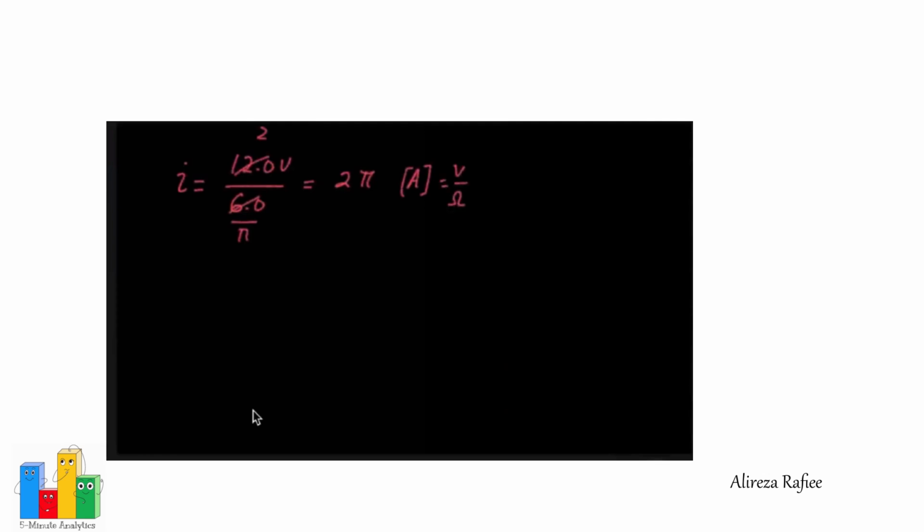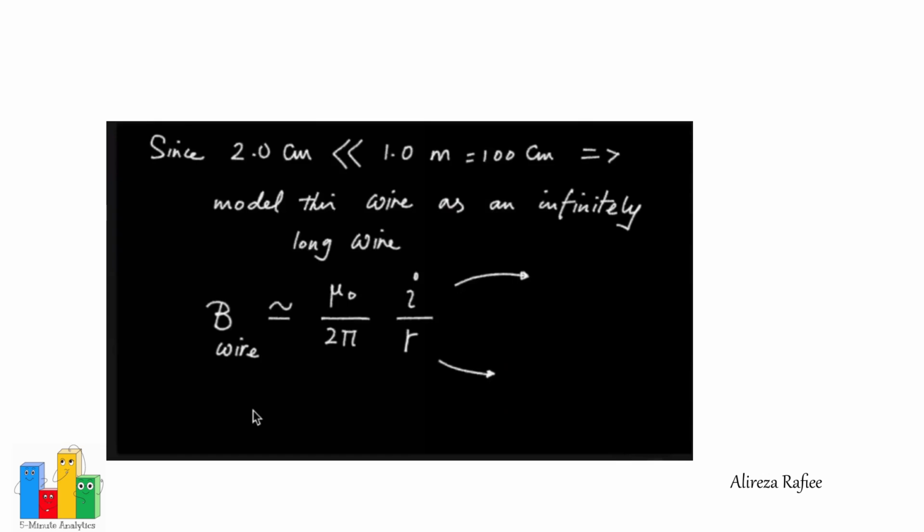Okay, so this is the current which passes through this wire. And now if I have the current, I can plug into this equation and calculate the magnetic field. Okay, so let's just do it. So we found that current is 2 pi.